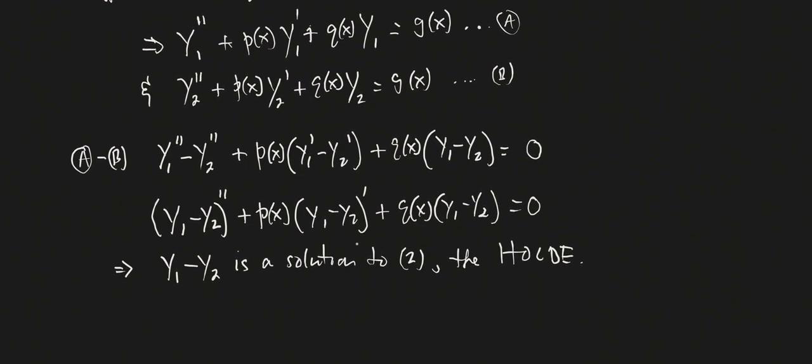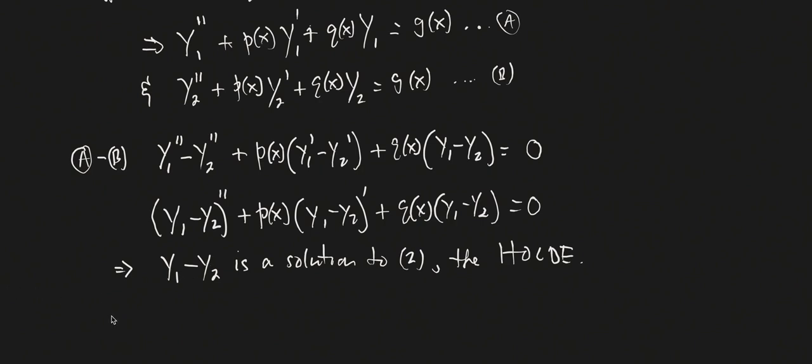What does that mean? Well, we know every solution, and we did this methodically as we went through all those three cases. We know that every solution of the homogeneous equation can be written as a linear combination of little y1 and little y2.